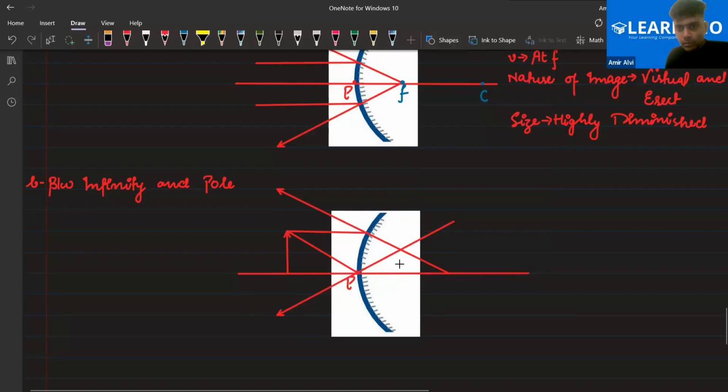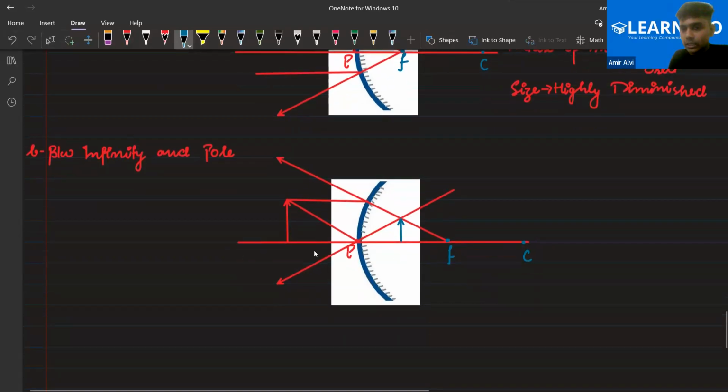So when you merge it, it will look like this. Okay. So the image, this is the point. This is focus. Okay. And this is your center of curvature. So as you can see, the image will be formed between P and F on the other side. Okay.